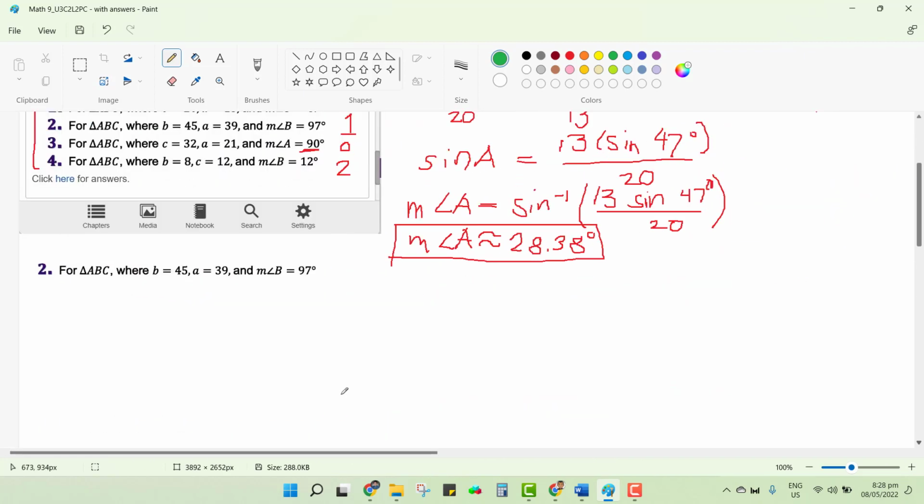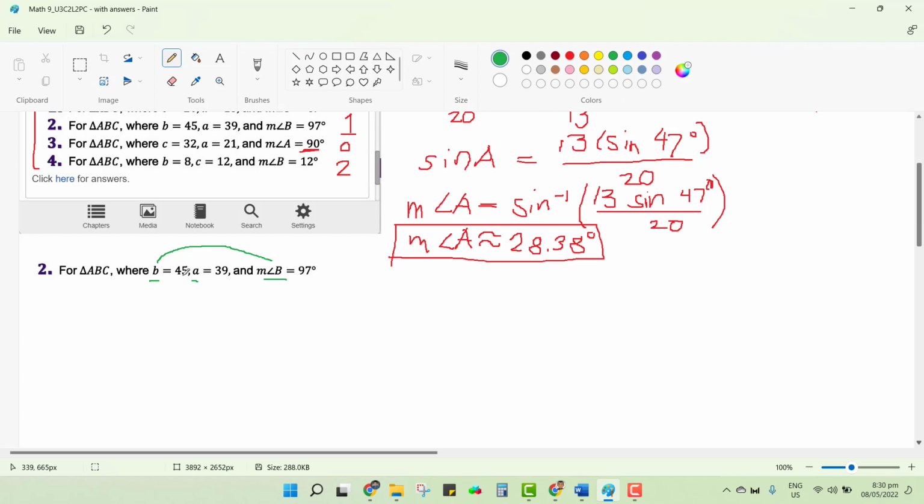In number 2 here, we have B, A, and angle B. We have another pair of side measurement and angle, which is very convenient for using the law of sines. Since we have assured in the previous video that we only have one triangle, let's continue with the process.